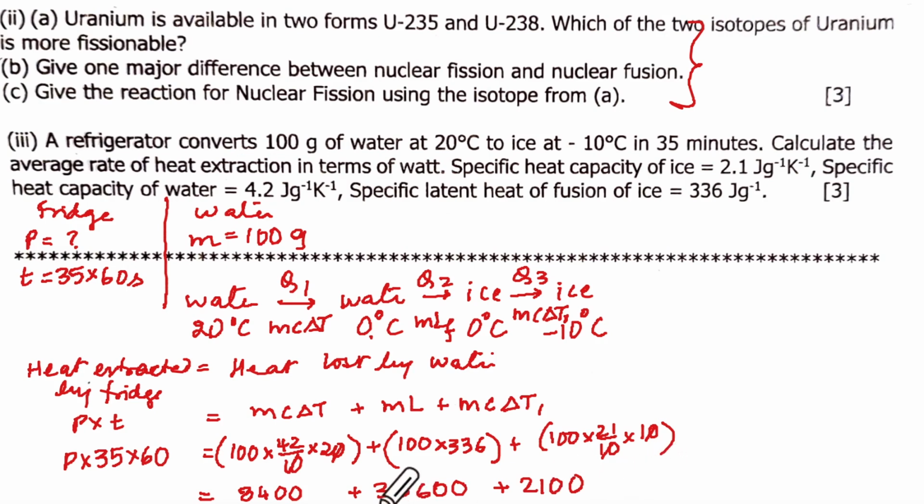Okay, so if you add them, how much do you get here? 10500. So this is my rough work. Okay, so I'm getting P is equal to how much? 44100, correct? That divided by 35 into 6.